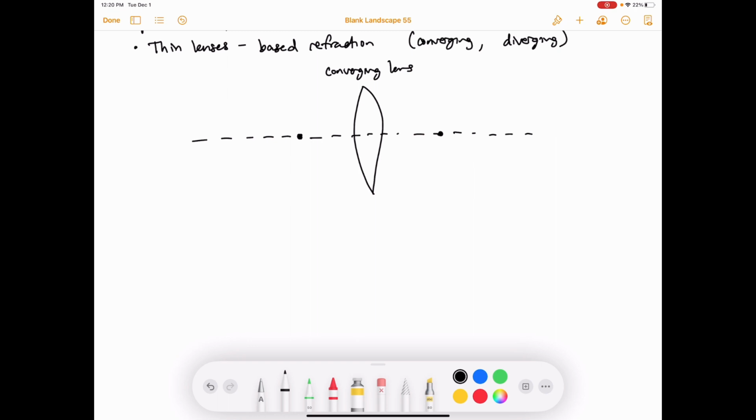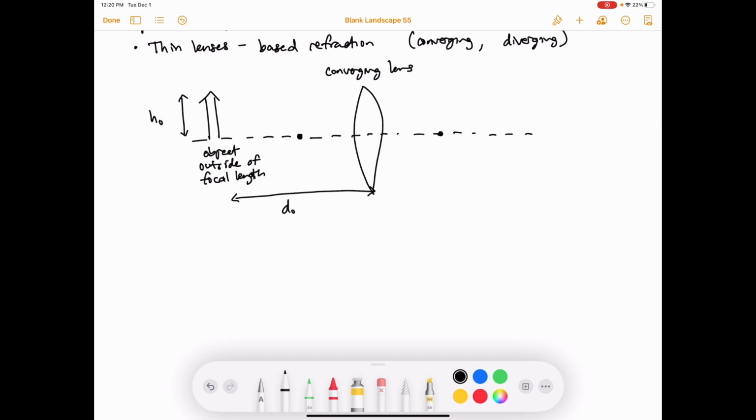So the first thing we do is draw the object. For this example, let's say that the object is outside of the focal length of our lens. The height of the object is what we'll call HO, whereas the distance from the object to the lens is what we'll call DO.